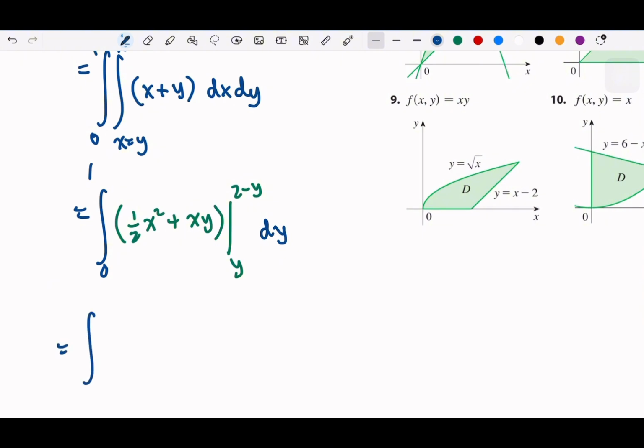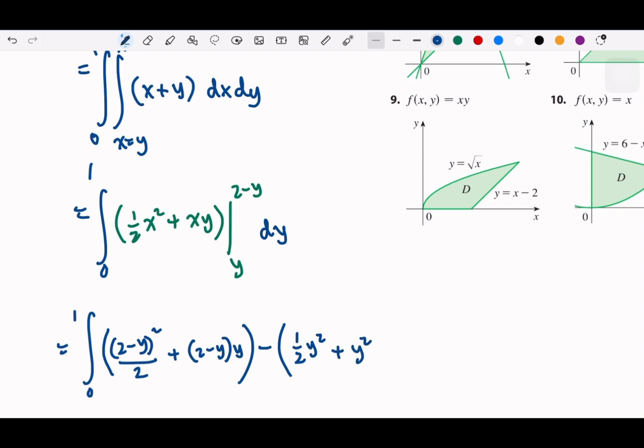Then slowly write down the substitutions: 2 minus y squared over 2, plus 2 minus y times y, minus half y squared plus y squared, and then dy.